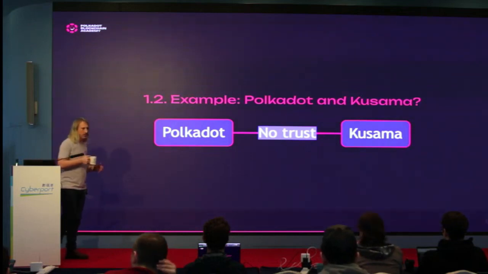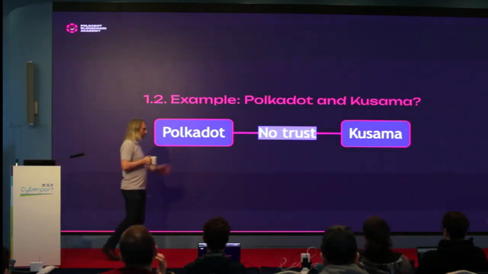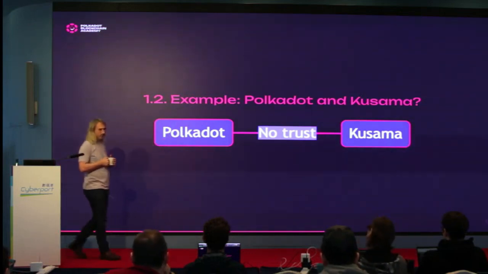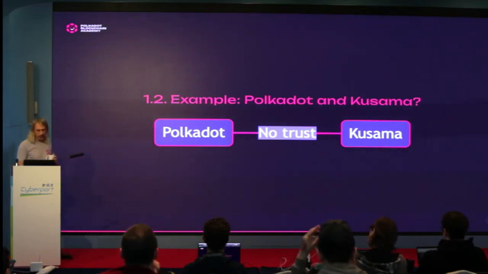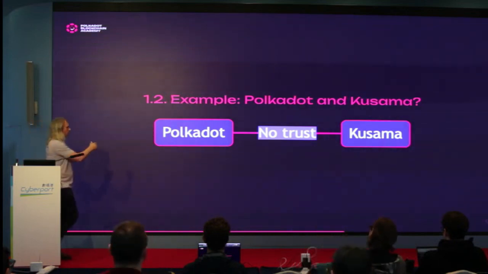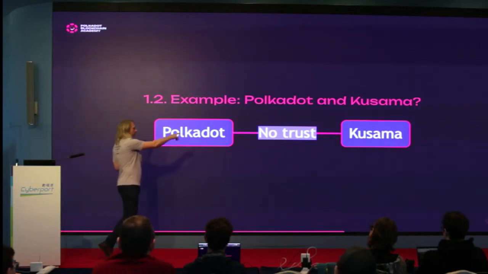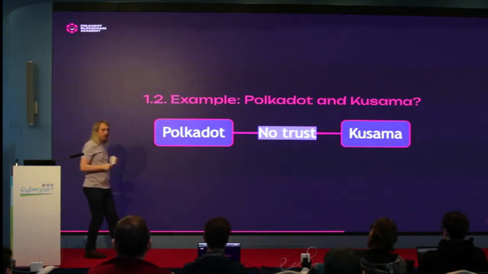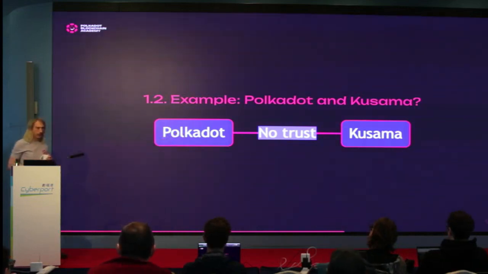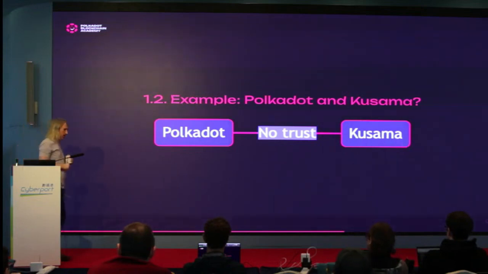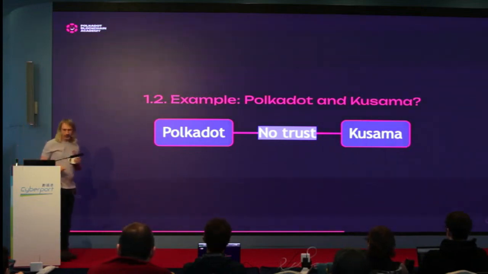Maybe it's under a governance attack, maybe it's on a fork that's going to get reverted. You just don't know. And so teleportation would not be a viable mechanism between Polkadot and Kusama, or indeed any bridged networks.